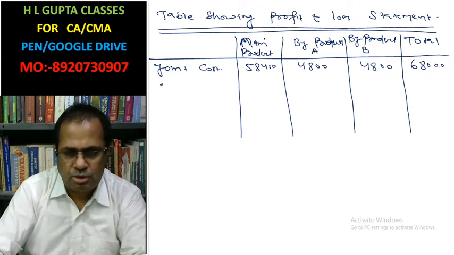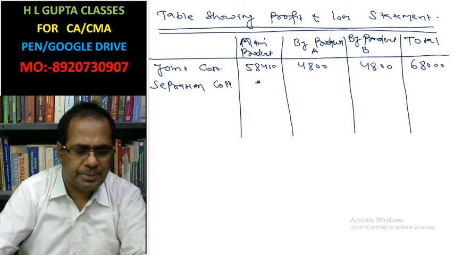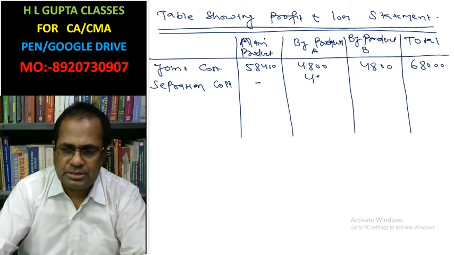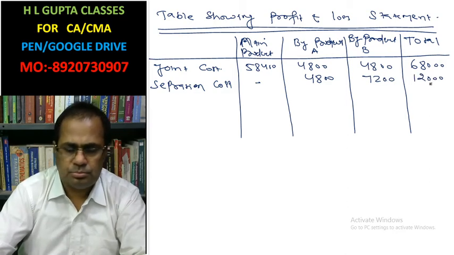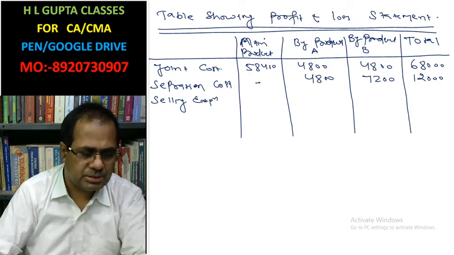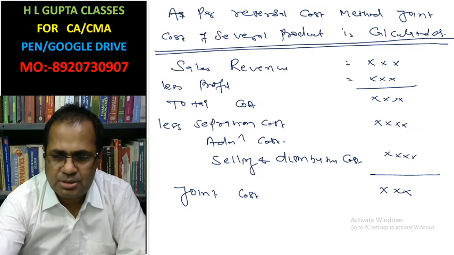Okay, separation cost. Separation cost is not given here for the main product. For the byproducts it is 4,800 and 7,200, that is 12,000. Okay, selling expenses. Now look here, main product. What are the selling expenses of the main product?